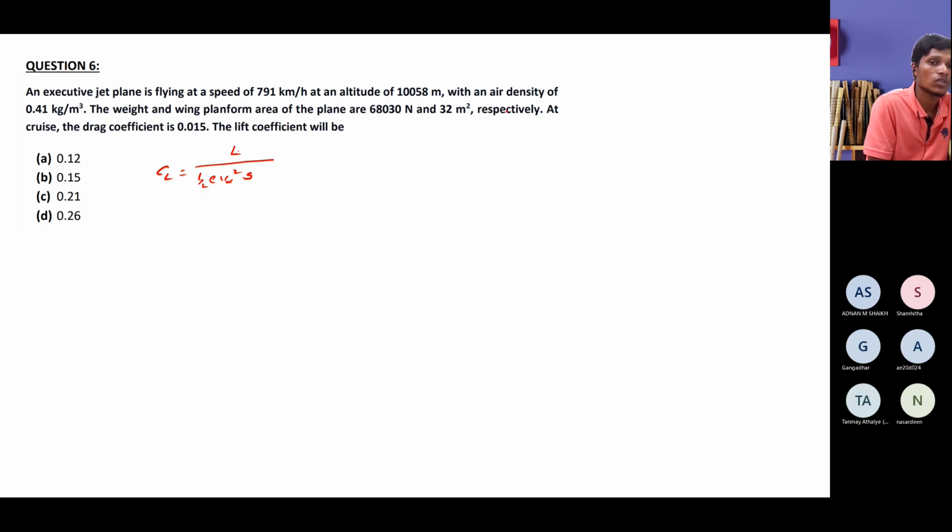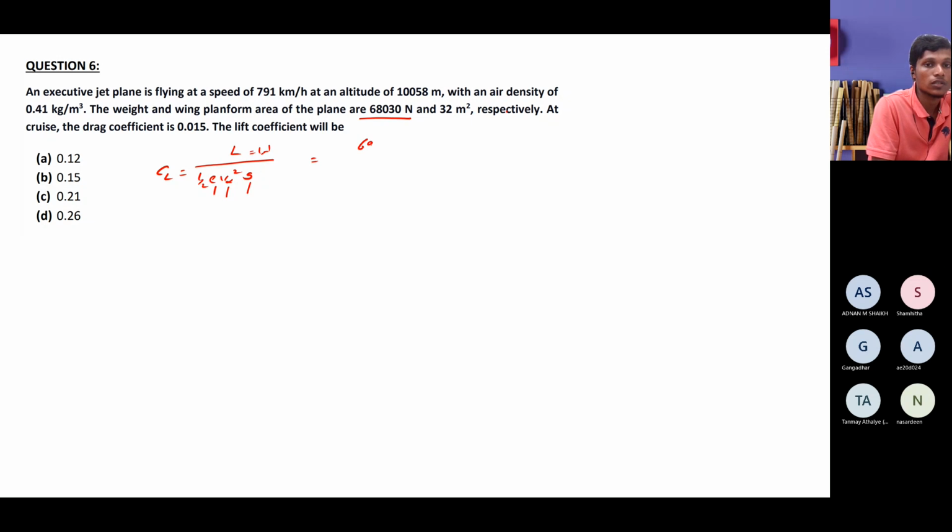Do we have lift? No, but we have the weight of the total aircraft, and L equals W. We have the density. Do we have V infinity? Yes. Do we have the planform area? Yes, that is 32 meters square. All the data is given readily and we can substitute it.